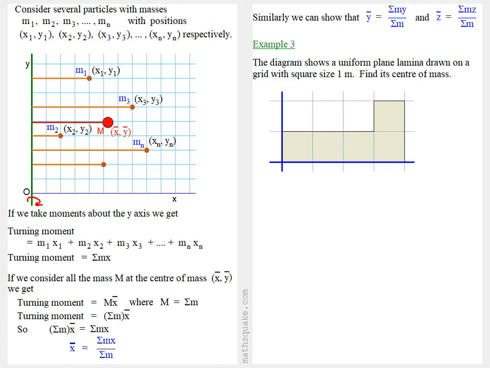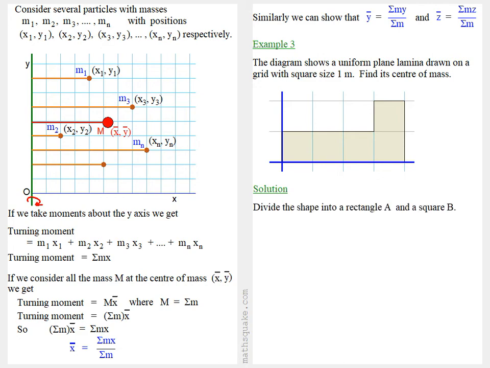Example 3. The diagram shows a uniform plane lamina drawn on a grid with square size 1 meter. Find its centre of mass. Well, to solve this, draw the axes with the origin at the bottom left-hand corner of the shape.